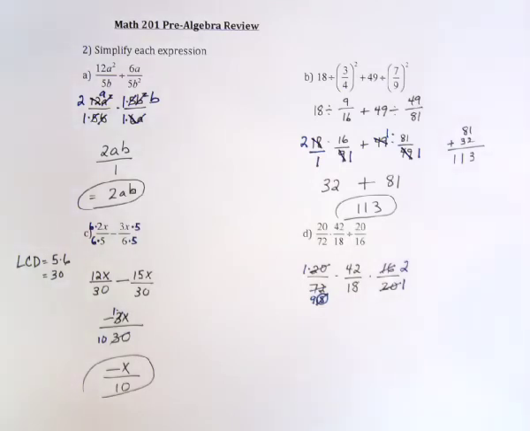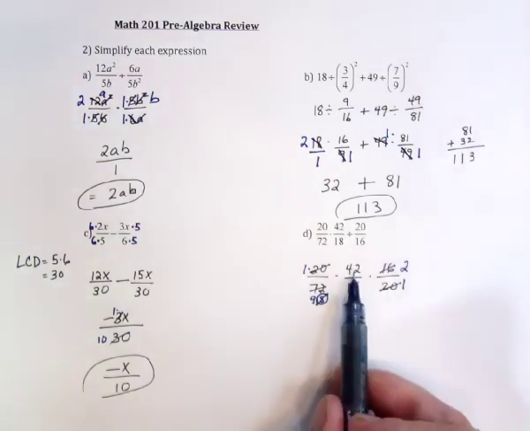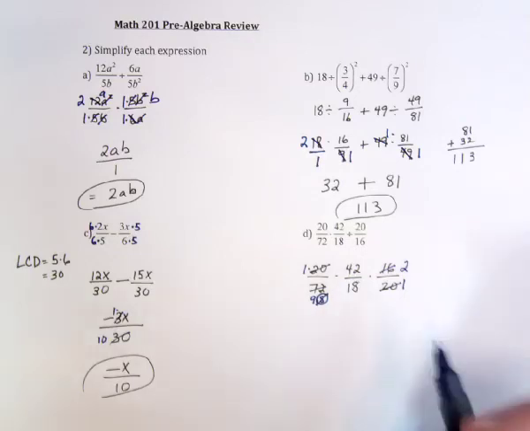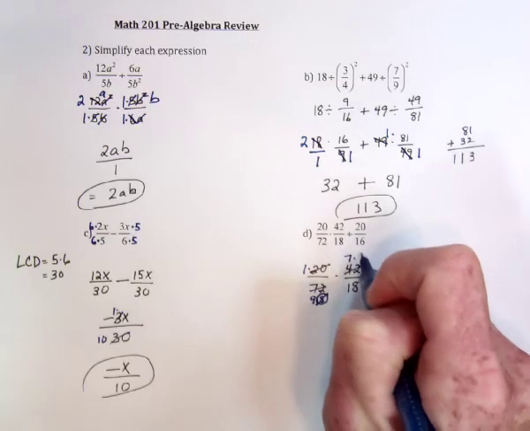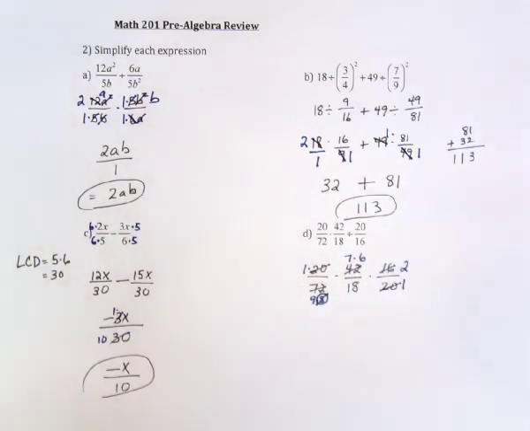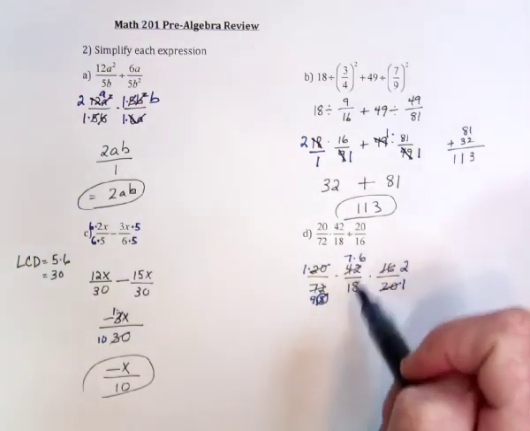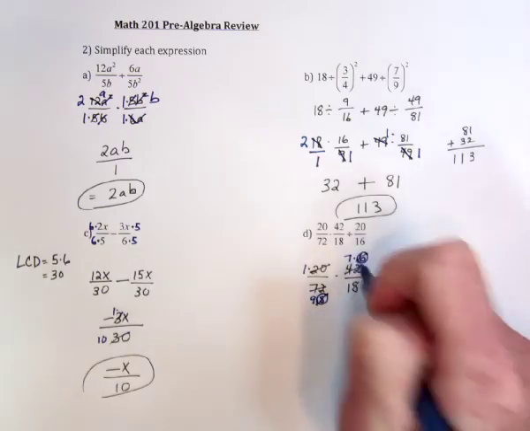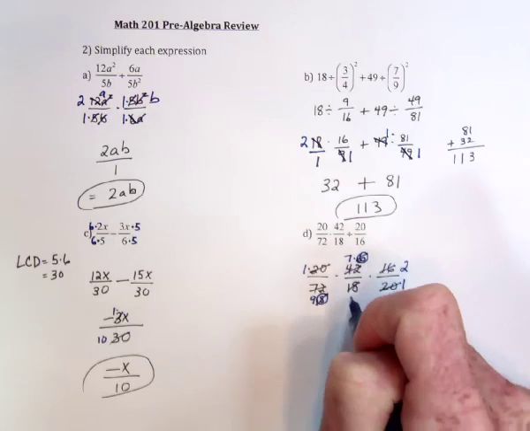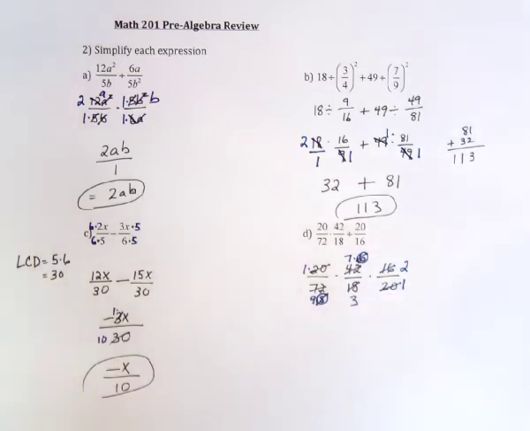What else? 42 is 7 times 6, so I could replace the 42 with 7 times 6, and then I could have the 6 divide into the 18. So divide out the 6, divide this by 6, and it leaves a 3.